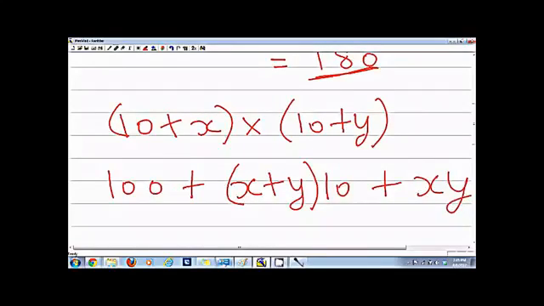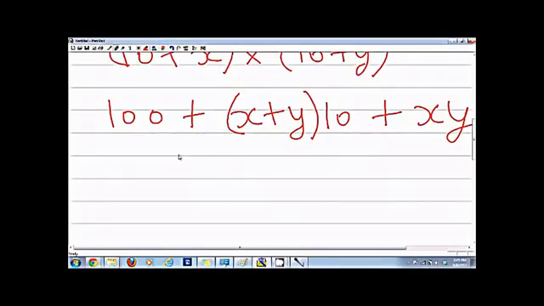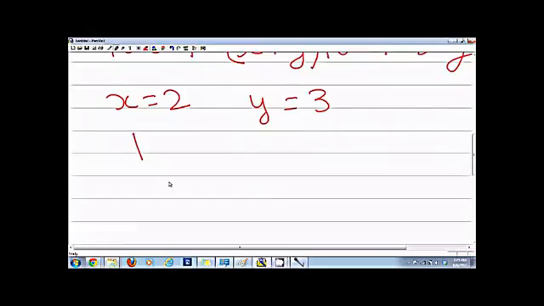So that's why, if you substitute your numbers, suppose x is 2 and y is equal to 3, then you get 100 plus 50 plus 6. So your answer is 156.